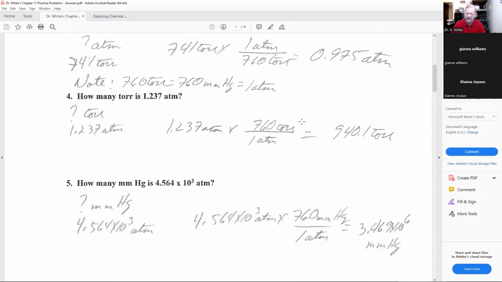Whatever you're trying to get to, the units go on top. Whatever you're trying to get rid of, in this case ATM, goes underneath. And again, 760 torr equals 1 atmosphere. These are exact numbers. In this case, my answer is 4 significant figures because that's the only number you have significant figures for.